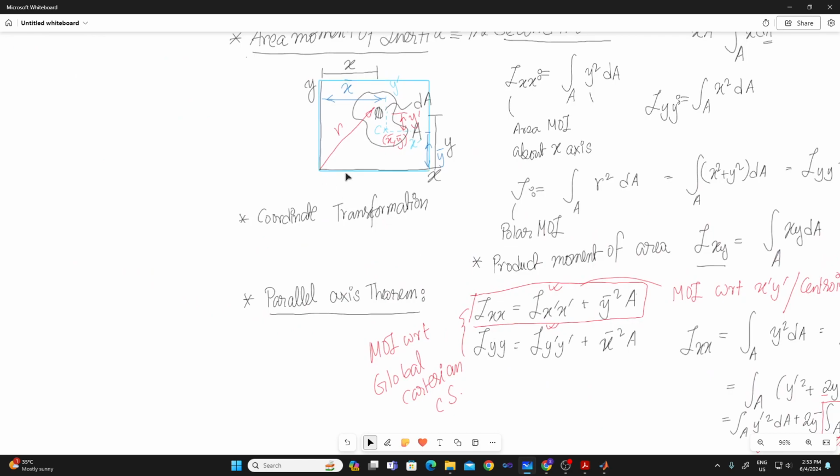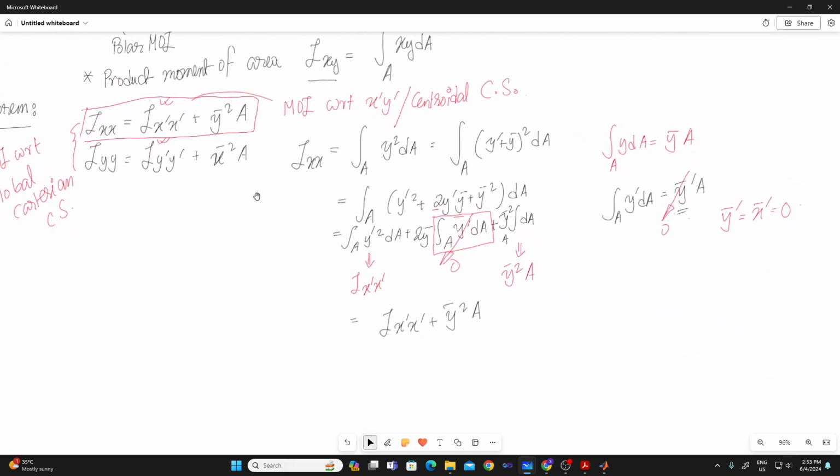The x-axis of the global Cartesian coordinate system and the x-axis of the centroidal coordinate system are parallel to one another, and so are the y-axes. Number two, the x prime y prime coordinate system has to be the centroidal coordinate system. So this is only valid when the x prime y prime coordinate system is a centroidal coordinate system.